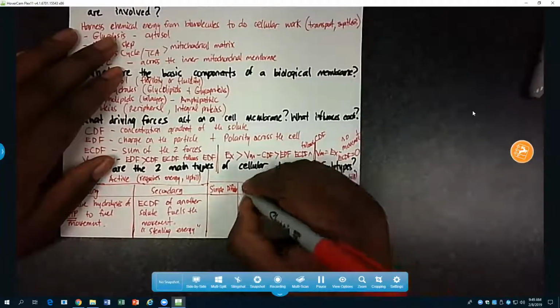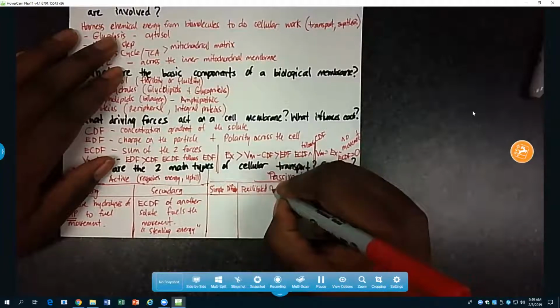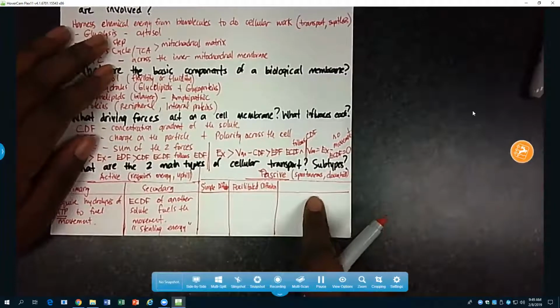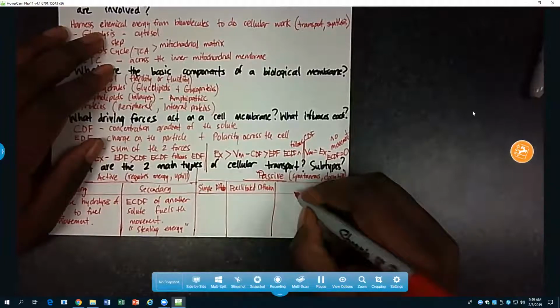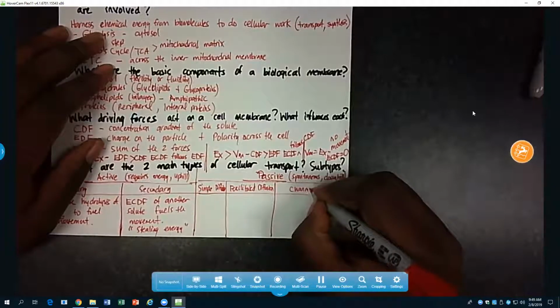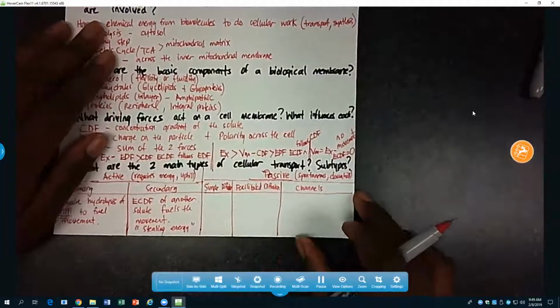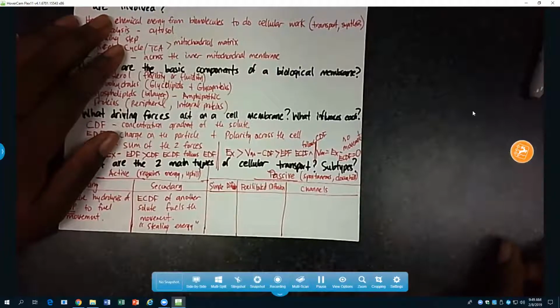Facilitated diffusion. And then finally, there was through channels, right? So channel movement through channels, okay? Simple diffusion was straightforward. What did that rely on?